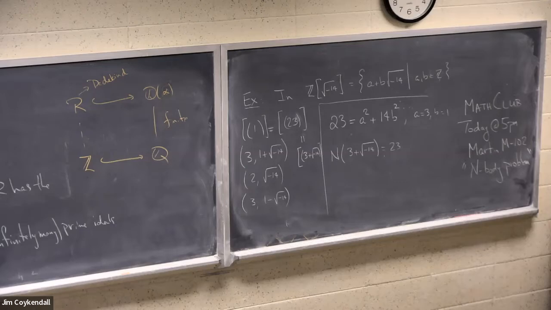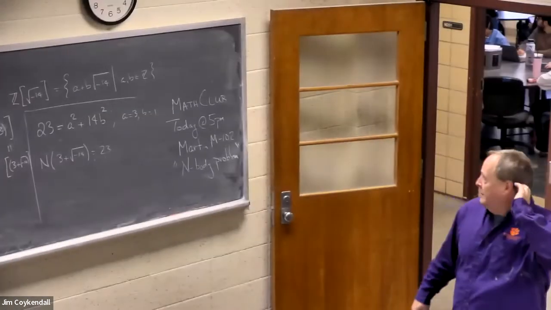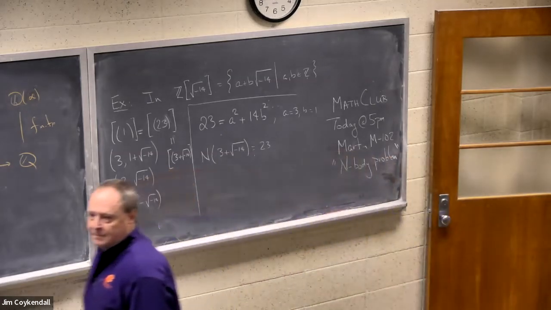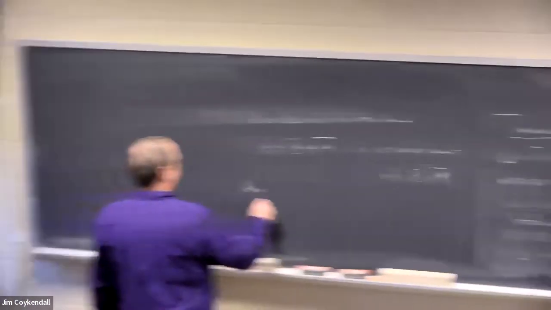There's another way as well. Can anybody give an example of an ordinary integer that is actually prime here? I think 11 works. I think 11 is the smallest.